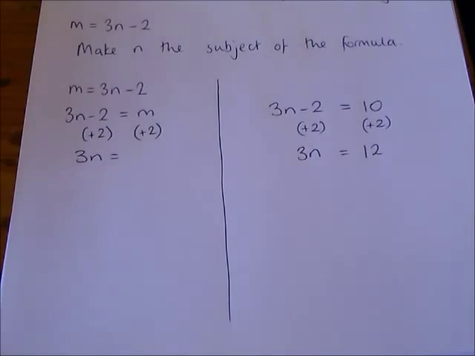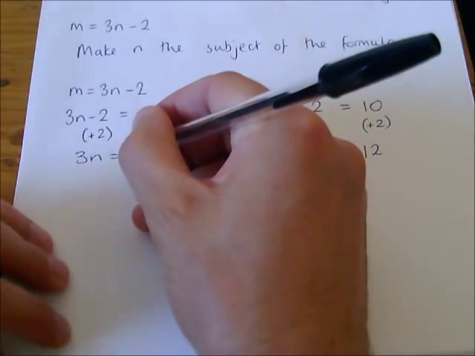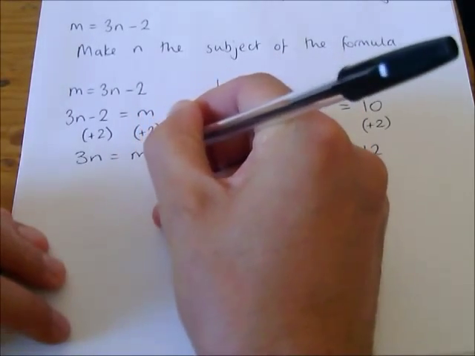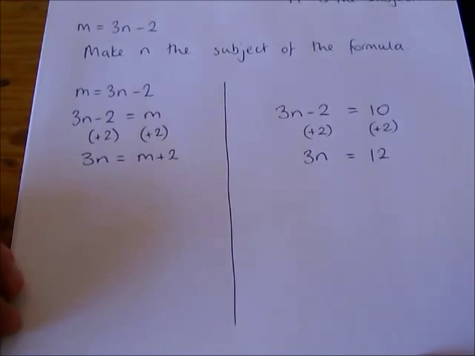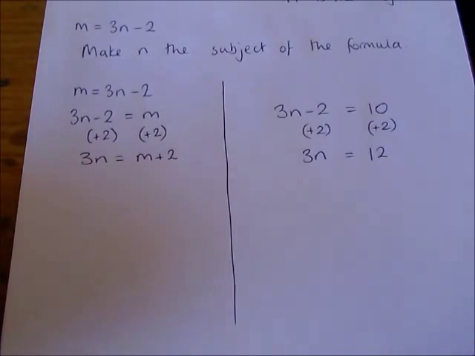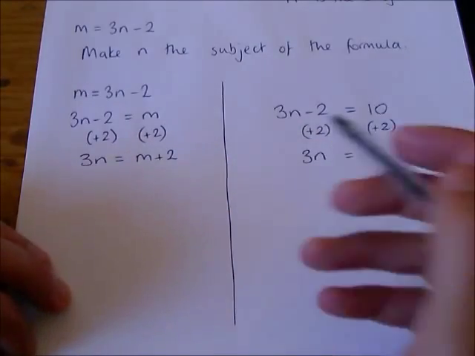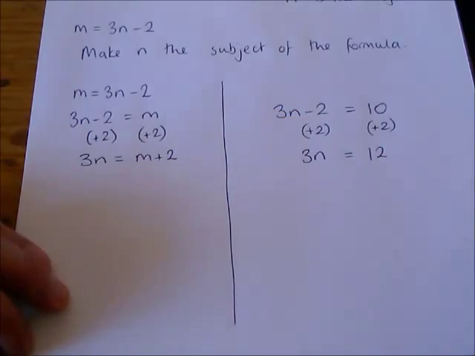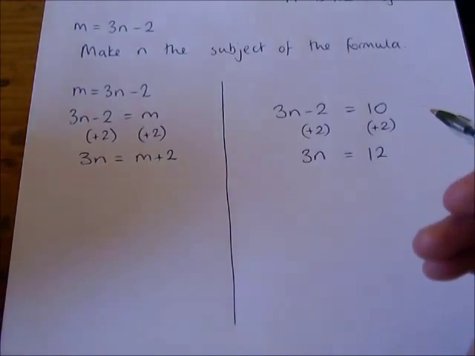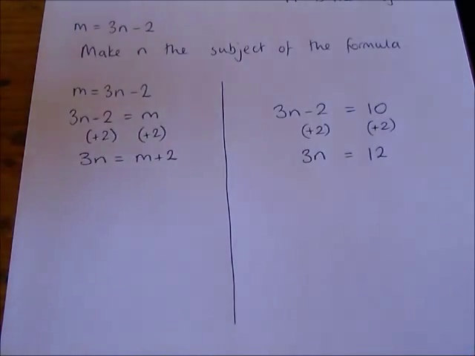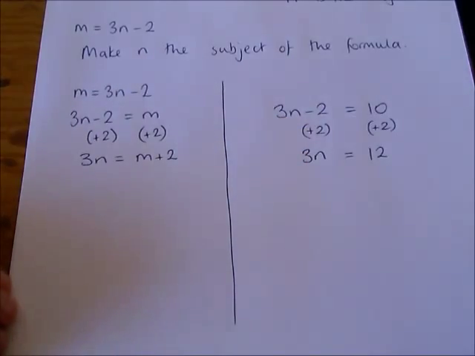Lots of people would say, well, it cannot be simplified, and they'd be quite correct. M plus 2 can't be simplified, so you just have to write it as m plus 2. That's the bit people get a little bit confused about. They start to write things like 2m or m2 or try to miss out the plus. So you could just write down what you did, m, and we added 2.